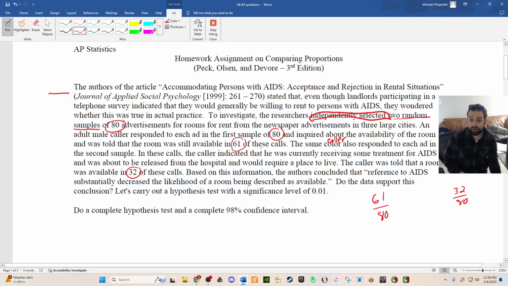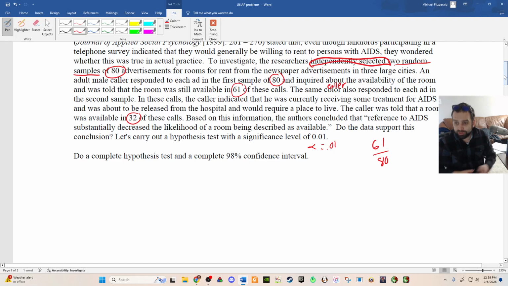Let's carry out a hypothesis test with significance level of 0.01. So let's find the population proportion. Well, this is a two-proportion t-test for difference in proportions.